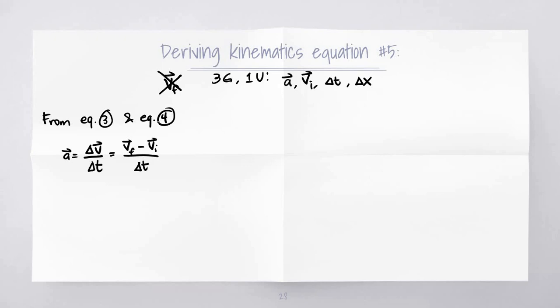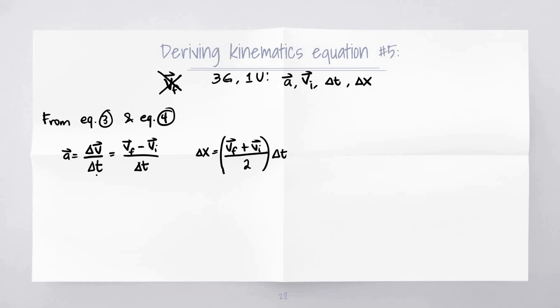And equation number 4 is delta x is equal to final velocity plus initial velocity all over 2 times delta t. So what we need to do is make equation number 3 linear and then solve for final velocity, because that's our main goal, to eliminate final velocity from our final equation.